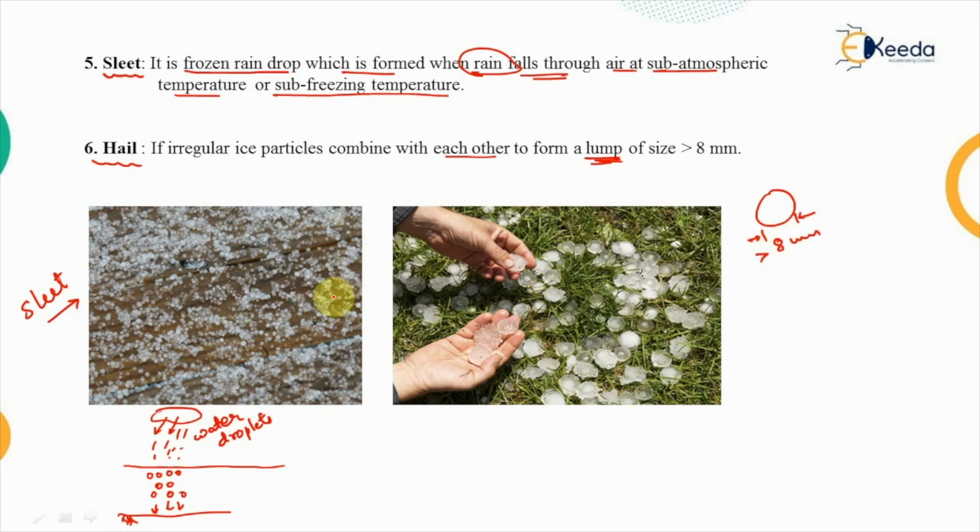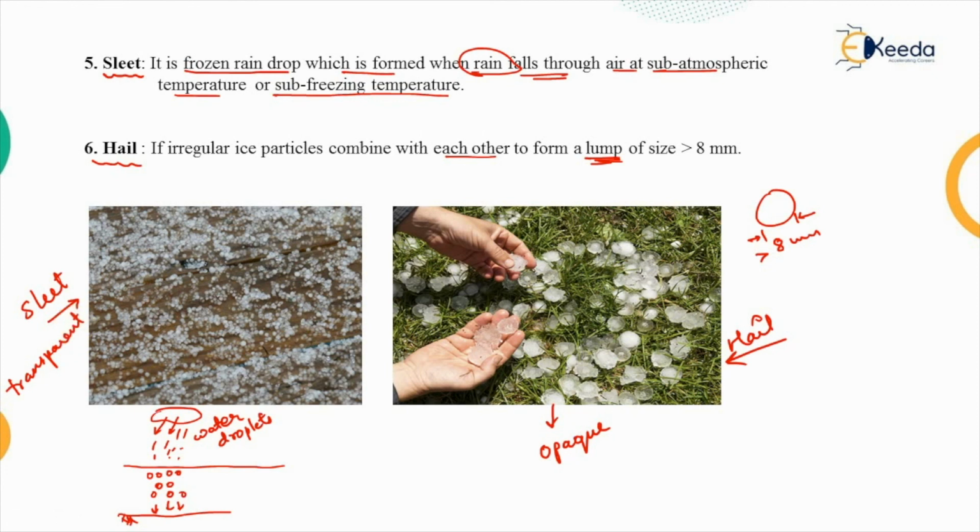The difference between sleet and hail is that hail is usually opaque, while sleet is transparent in nature. That means you can see through it. And hail falls directly in the form of these combined ice particles, but sleet gets converted into ice form while passing through the atmosphere. So that is the difference.